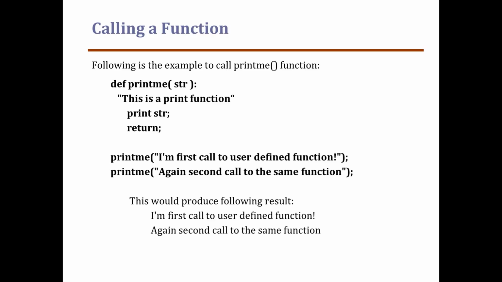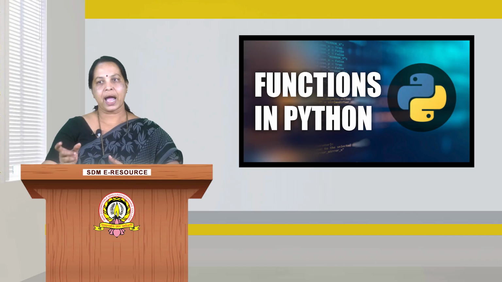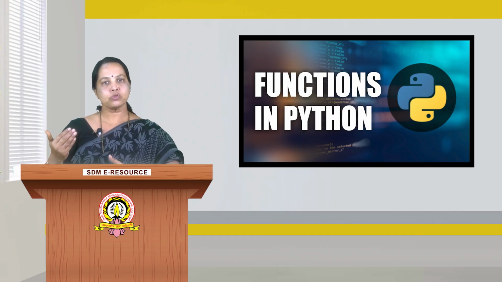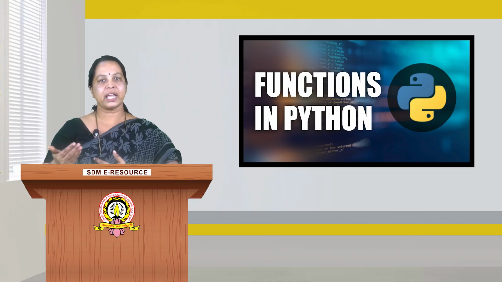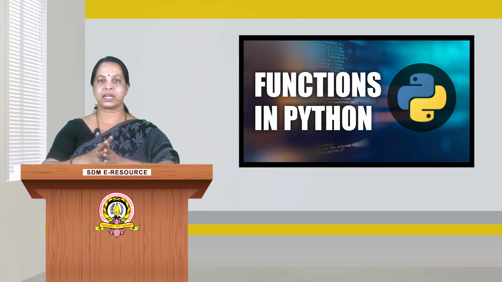In this example, we have defined one simple function, print me, which just prints the parameter it receives, and there is a call to the function. You can see in the example that the function print me is called by passing a string, "I am first call to user defined function." That is the parameter, or the string, passed to the function. Then there is one more call. A function can be called any number of times as required.